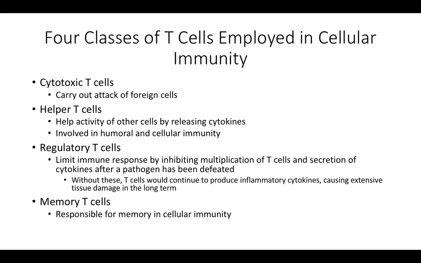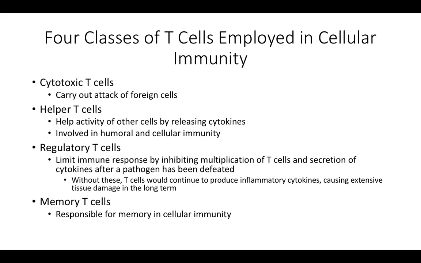Regulatory T cells, we don't spend much time talking about those, but they are important because they're what are responsible for limiting the immune response after a pathogen has been defeated. So without these guys, maybe the T cells just continue multiplying and we continue to secrete these inflammatory cytokines, which could have really extensive damaging effects on our tissues in the long term.